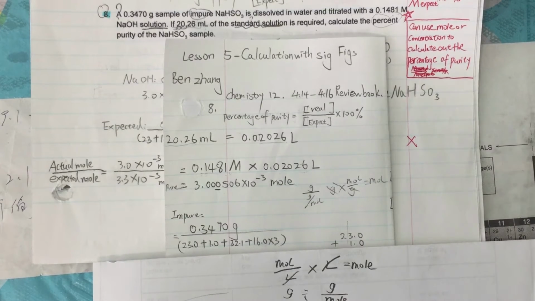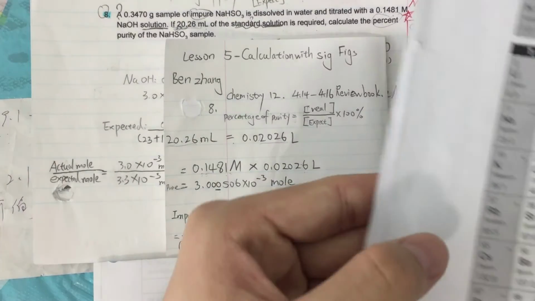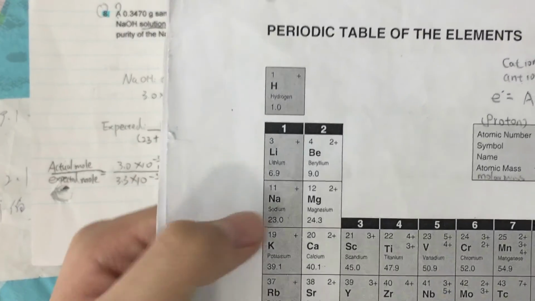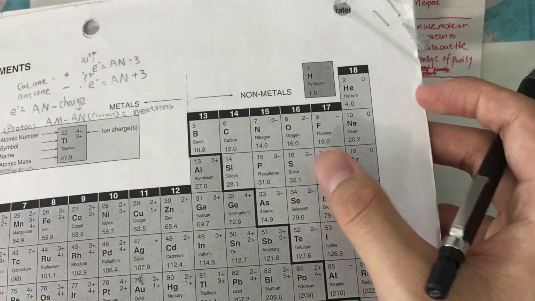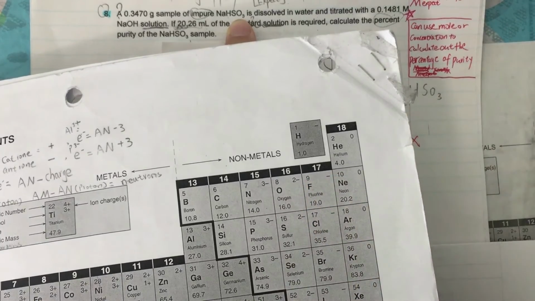Now we divide 0.3470 grams by the molar mass. Na is 23.0, hydrogen is 1, sulfur is 32.1, and oxygen is 16.0 times 3.